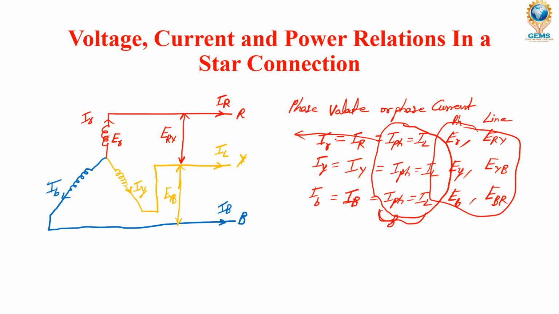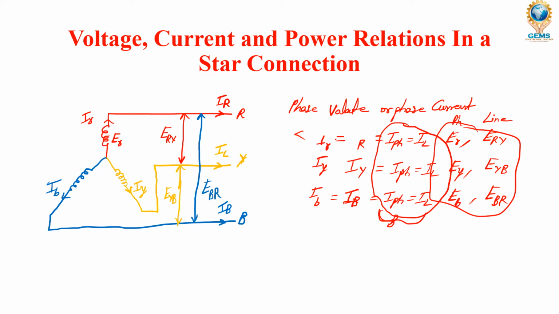Next one is voltage between EB and ER. This is the line voltage.